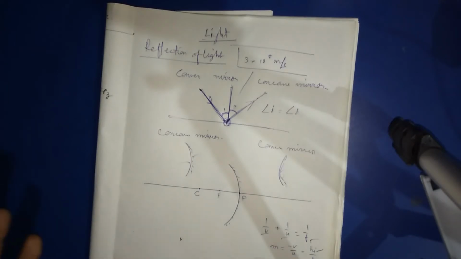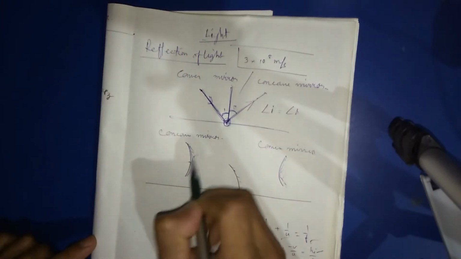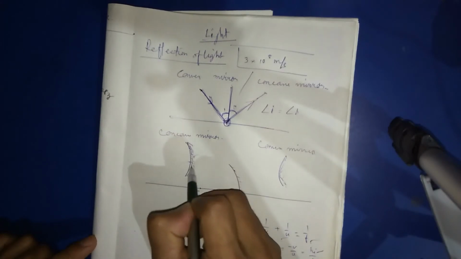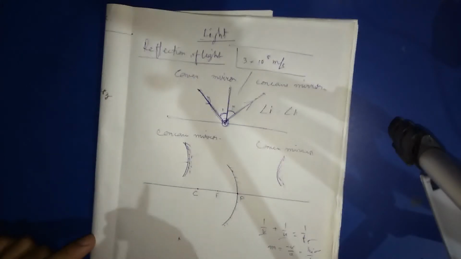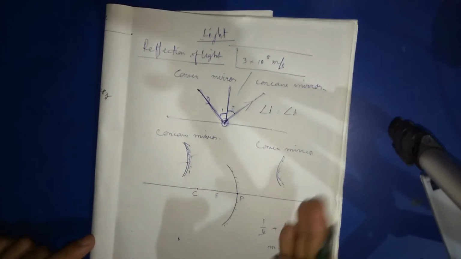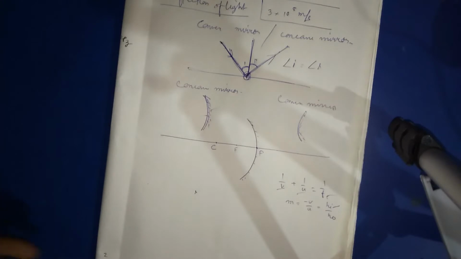Concave mirrors are those whose outer surface is polished and whose inner surface is the reflecting surface. Convex mirrors are those whose inner surface is polished and whose outer surface is the reflecting surface. I hope you are clear. If you are not clear, please do not forget to comment, and I'll try to explain in a better way.